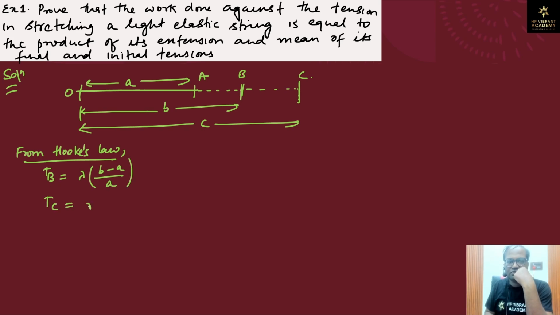Tension at point C is equal to lambda into C minus A upon A.